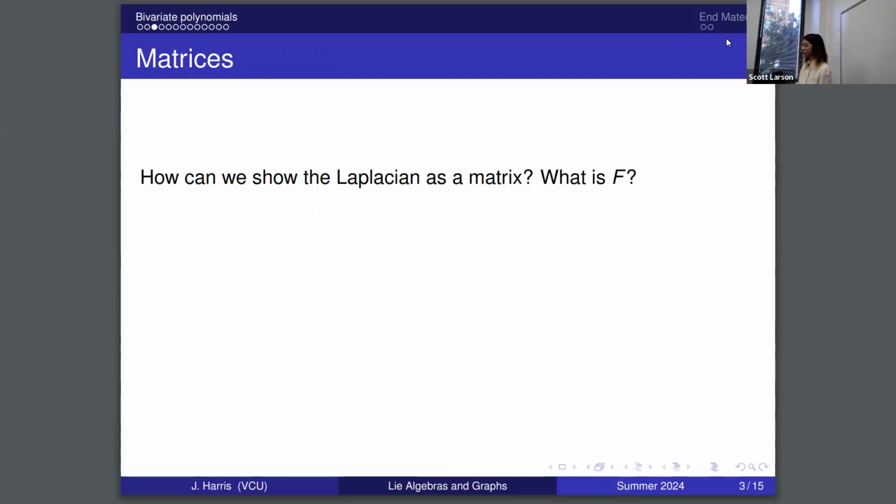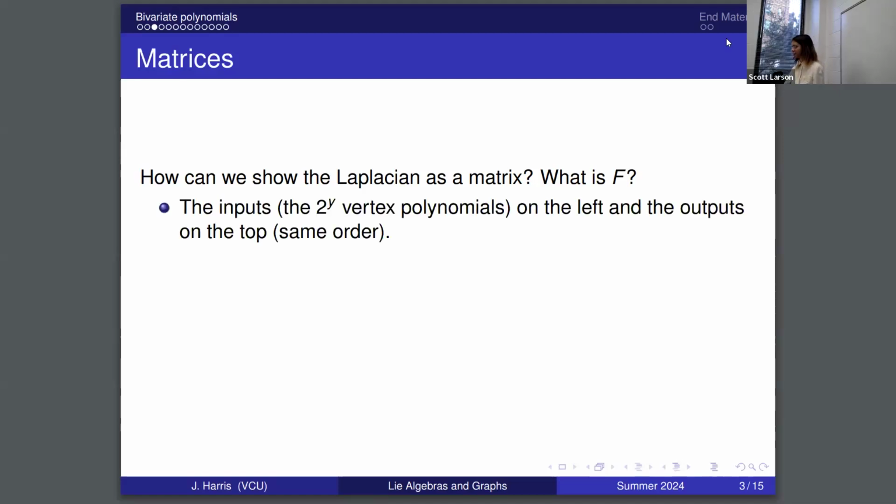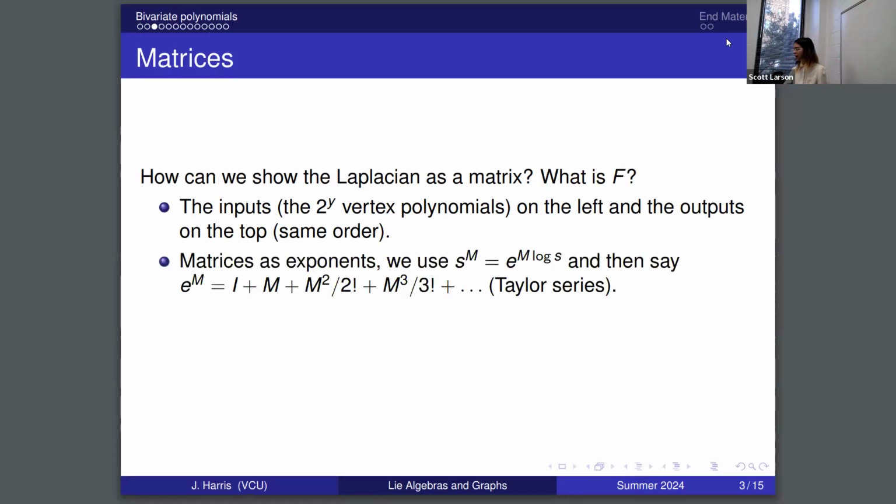So we need to show the Laplacian as a matrix in order to be able to do this matrix exponentiation, and also to show what this F matrix is that we have made. We're just going to turn the Laplacian into any other linear transformation, where you can turn it into a matrix where the basis is our vertex polynomials in Y. You plug in your Y's, and the linear combination that the polynomial comes out as is what your matrix is defined by.